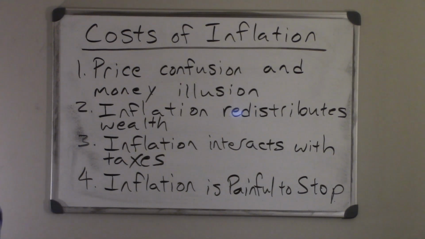All right, so these are our four costs of inflation. I'm going to just run through those once again while you get to copy these down. Price confusion and money illusion. Inflation redistributes wealth. Inflation interacts with taxes.